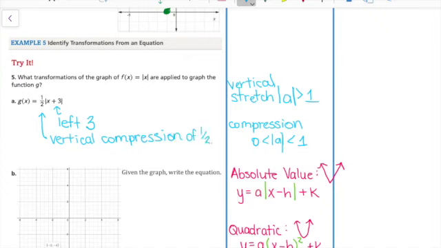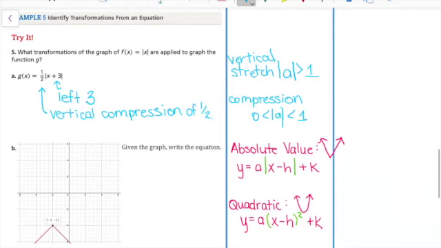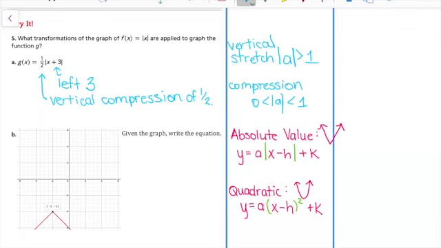And in this case, it does not. So vertical compression of 1/2. So that's all at once. You will see this type of question in every unit all year. So when it says what transformations, it's asking, did it go left, right, up, down, reflect, so forth. Okay.